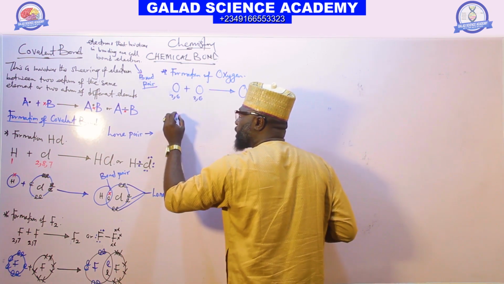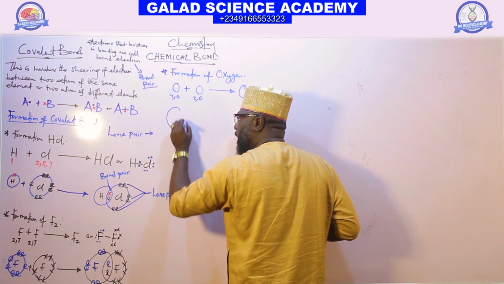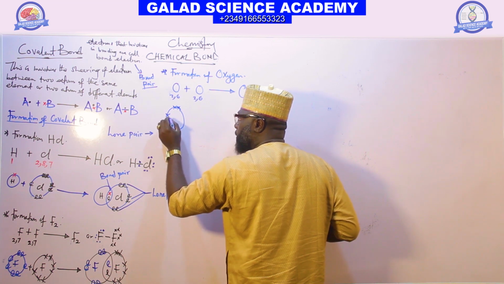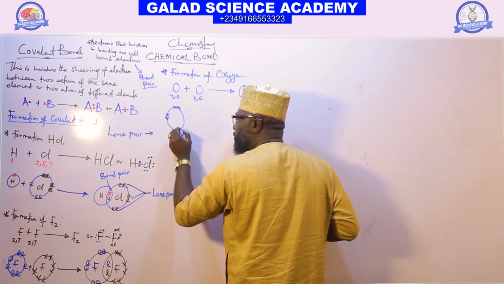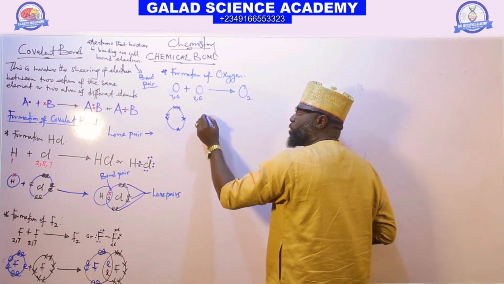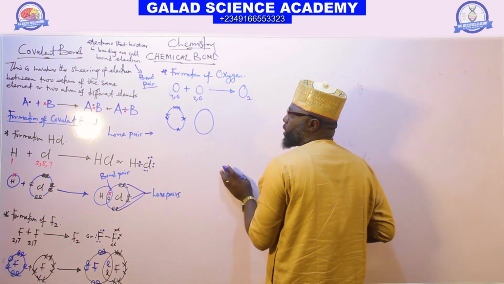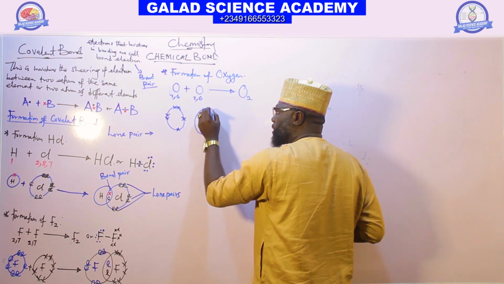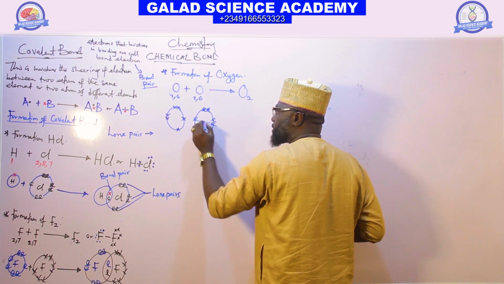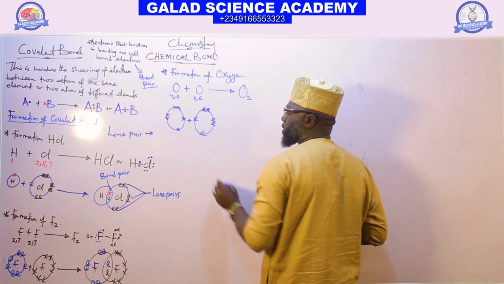By drawing the configuration of oxygen, we have 1, 2, 3, 4, 5, 6 in the outer shell. For the second one too, we have 1, 2, 3, 4, 5, 6.